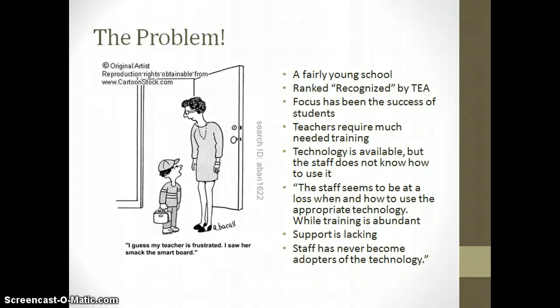The school's focus is on the successes of all their students, which is really great. But along this process, they have probably failed to streamline the abundant training available for their staff. So in other words, the technology is there, but the staff has never been properly trained to use it. The staff has never become adopters of the technology.